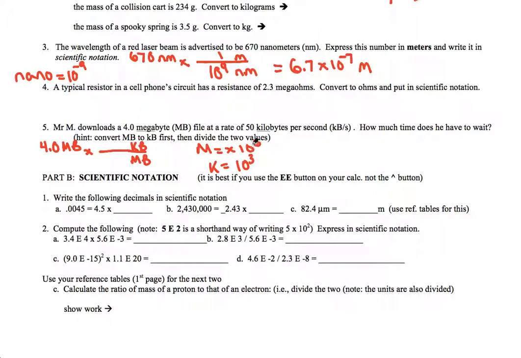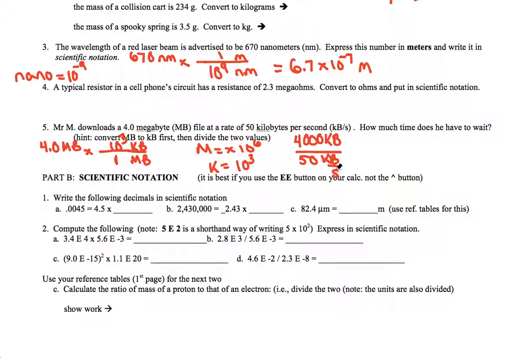In other words, there are 3 powers of 10 between them. Since mega is the bigger unit, there's going to be a 1 next to it, and there are 10 to the 3rd kilobytes in 1 megabyte. If I multiply these two out, I have a 4,000 kilobyte file. Then I want to divide that by my 50 kilobytes per second.